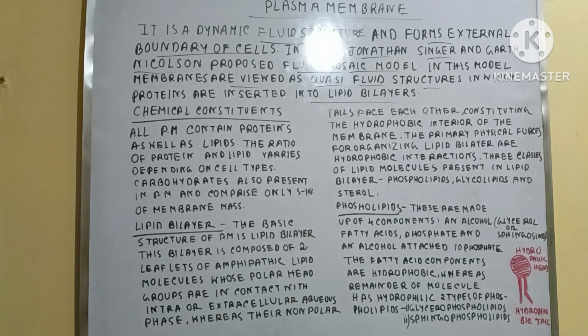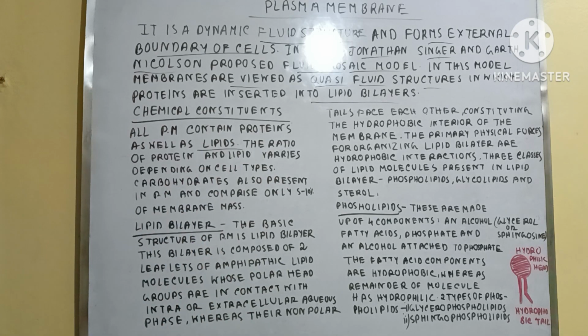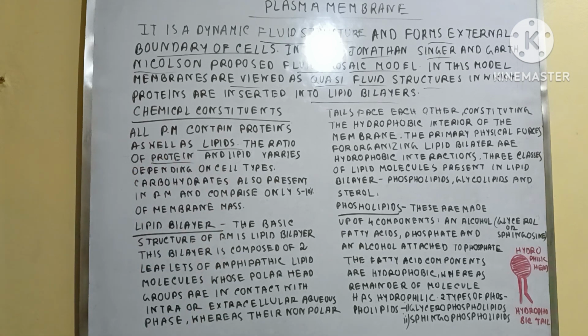Next are the chemical constituents. What is present in this plasma membrane? First of all, lipid is present. A bilayer structure of lipid is seen here, and protein is also present, embedded within the lipid bilayer, and carbohydrate is also present.